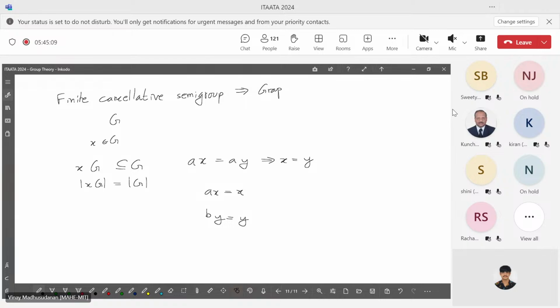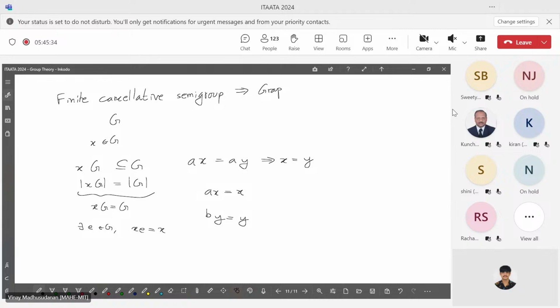Therefore you have xG equal to G, or Gx, or whatever. So this implies that there exists some, let's call it e, such that xe is equal to x.